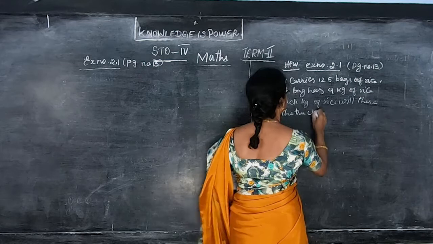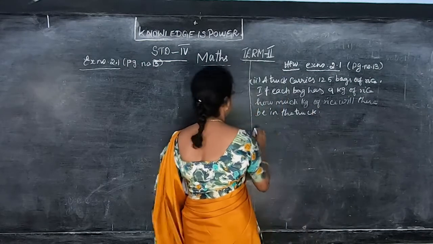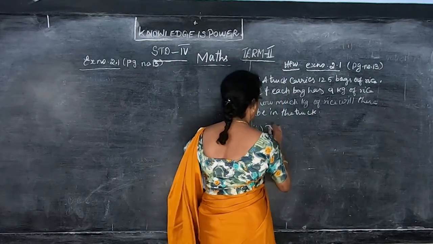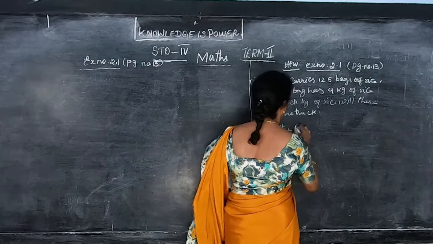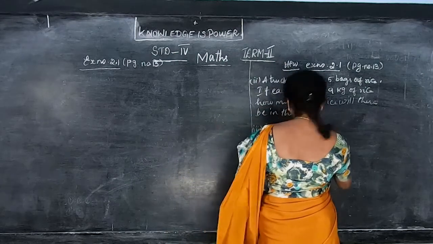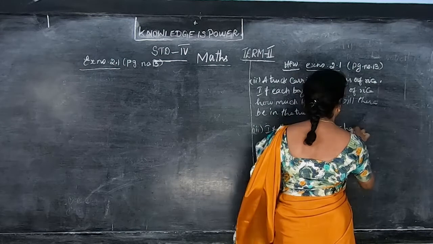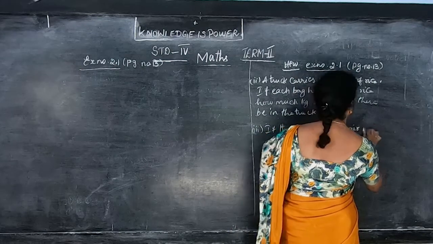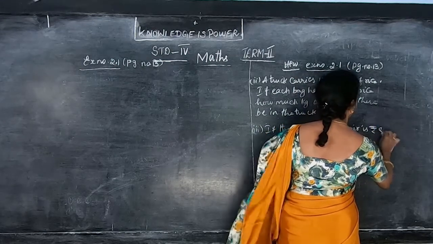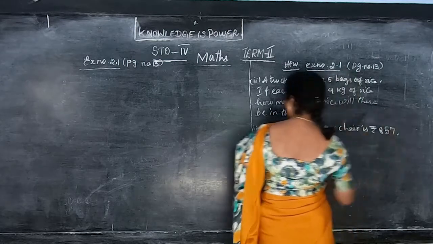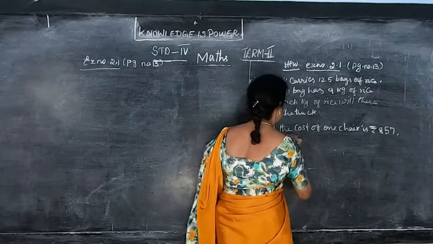This is the sum. And the third one: if the cost of one chair is rupees 857, what will be the cost of 6 chairs? Like that, you have to write the statement.